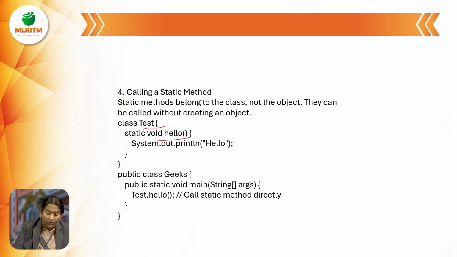Before hello we have written the static keyword, which means it is a static method. For that static method we can call it directly without creating the object. So class name dot method name, we can call directly without creating the object. Static methods can be called without creating the object.